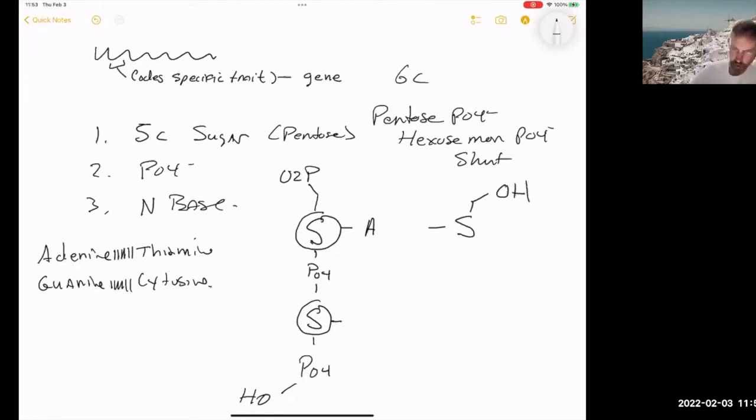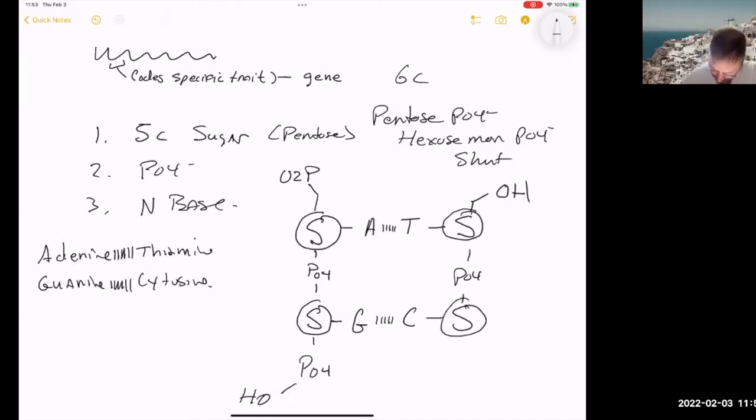So the OH is on the top instead of the bottom. Adenine, on the other side, I would have to have a thymine. And then those two would interact by hydrogen bonding, right? So AT. And then if I had a G here, all I could have was a C over here, like that.